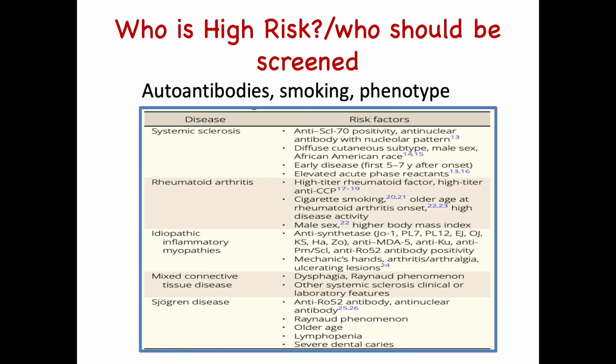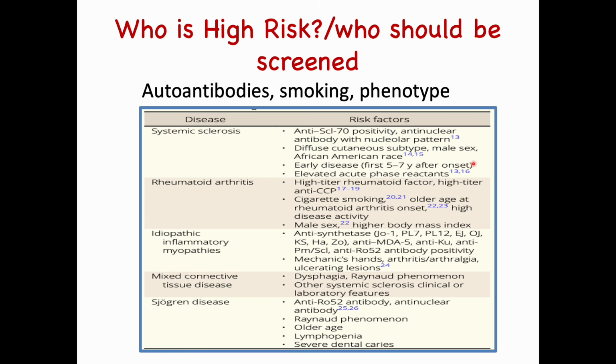Do autoantibodies affect the screening modality for all? Is smoking the common variant, or do we look at phenotype? That has been clarified. So, for instance, when you're looking at patients with systemic sclerosis, those patients who have an anti SCL70 positivity or an ANA antibody with nucleolar pattern must be screened because they have a high risk of lung involvement as ILD.